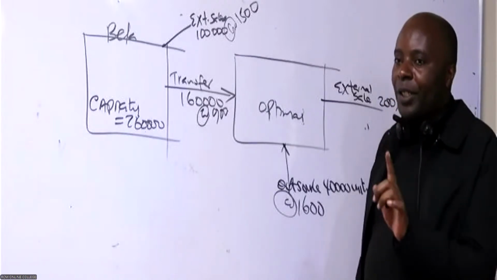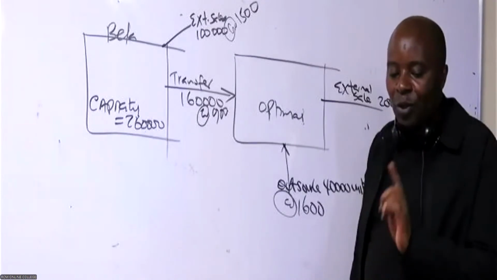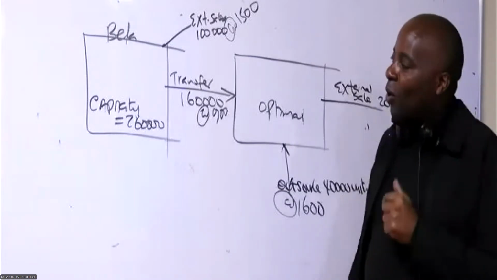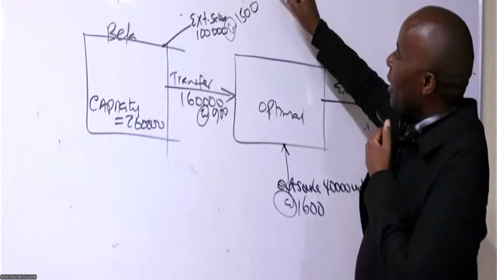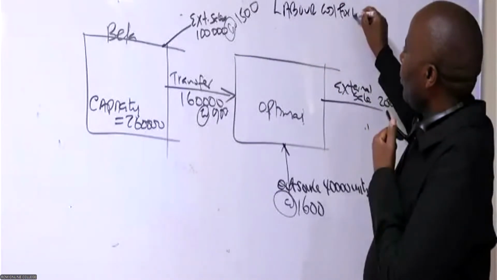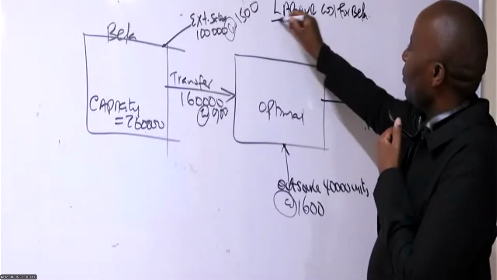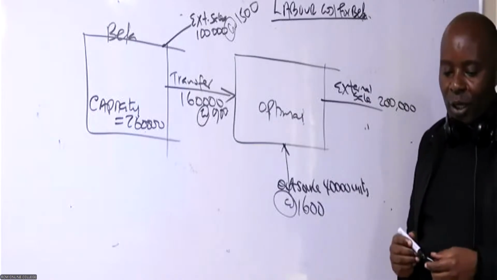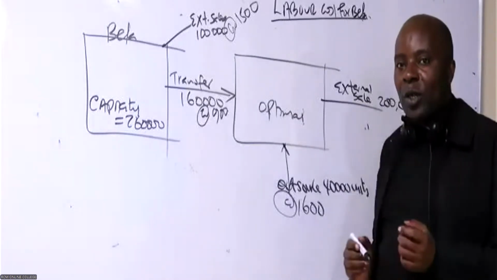So here, the most important thing that I'm sure not many students will be able to know is how to get the labor cost. Labor cost for beta. Fortunately, they have told us we're using a learning curve.